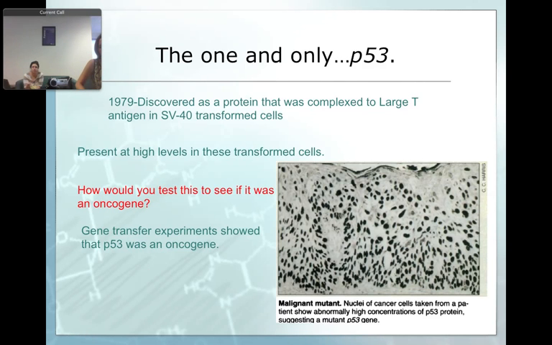It was able to transform cells. But I'm telling you, and you're just going to have to believe me on this, that P53 is in fact a tumor suppressor. So what could be wrong if you do a gene transfer and you say, yes, it's an oncogene? What could be wrong with the experiment? Why would this experiment maybe not work?